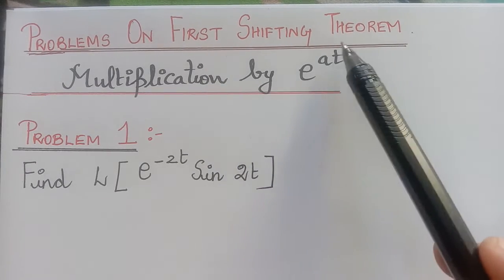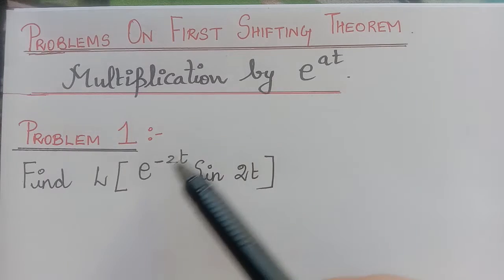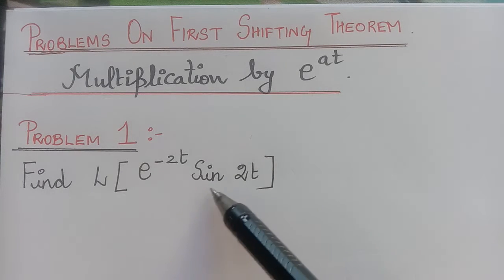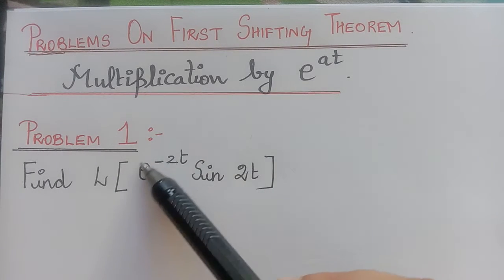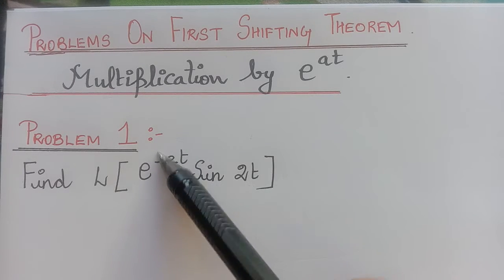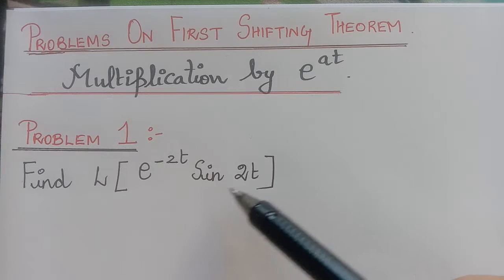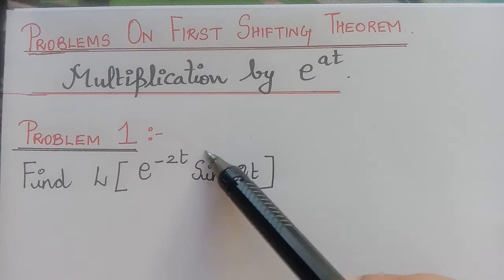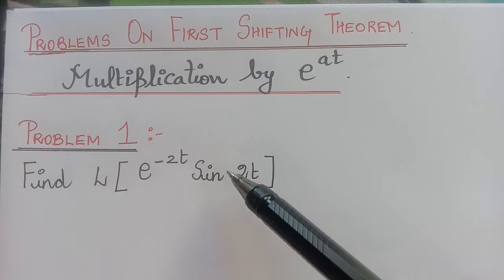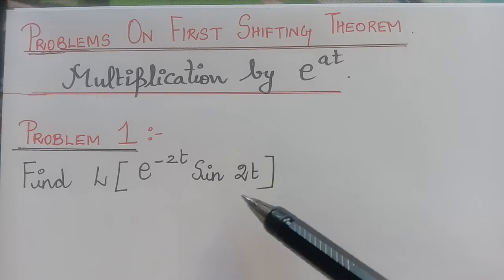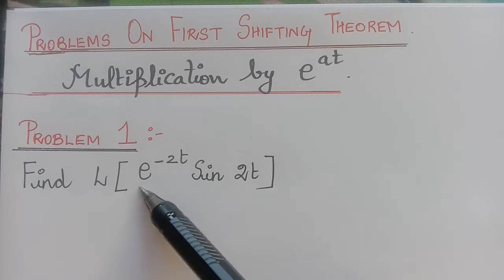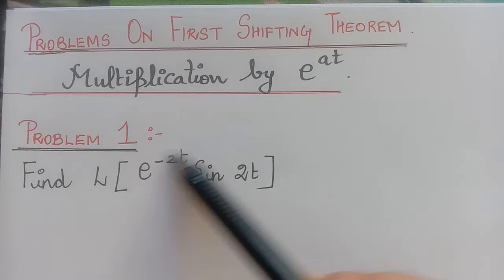It says that if we have a product of two functions and one of the functions is exponential, then the Laplace transform of that product will be equal to the Laplace transform of the other function, with s replaced by s plus a or s minus a accordingly.